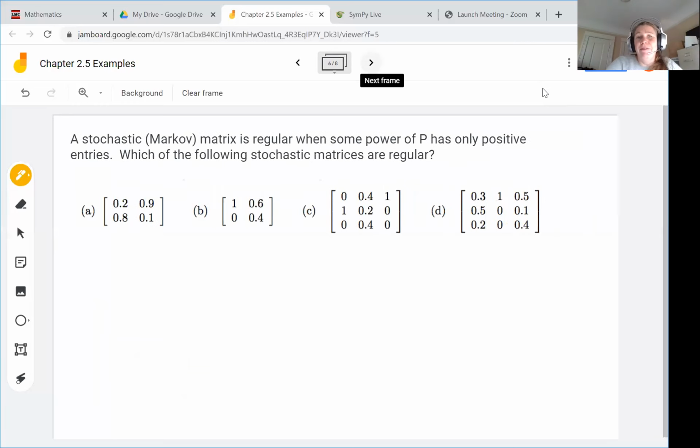So now we're going to add the definition of a regular stochastic or Markov matrix. A stochastic or Markov matrix is regular when some power of P has only positive entries. So we want to take a look at these four examples and see which of the following stochastic matrices are regular. First, just to verify that they're stochastic, we check: do all the columns sum to 1?